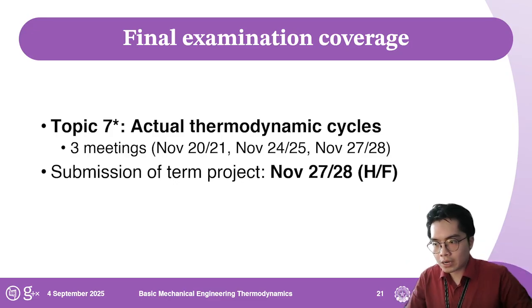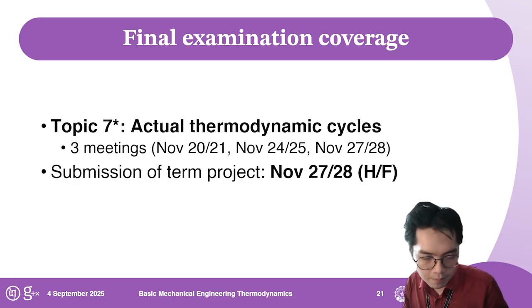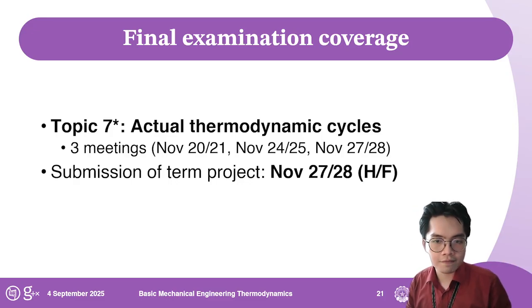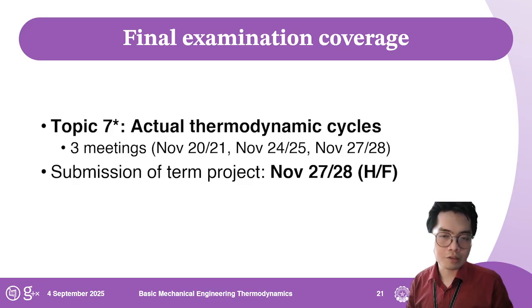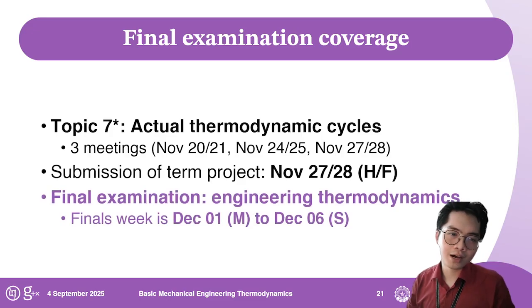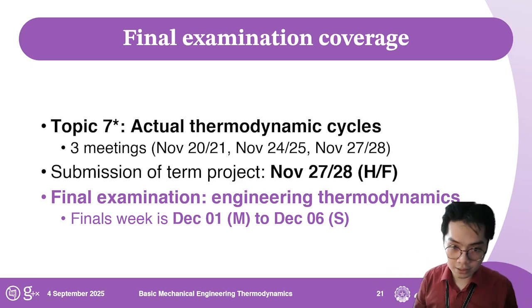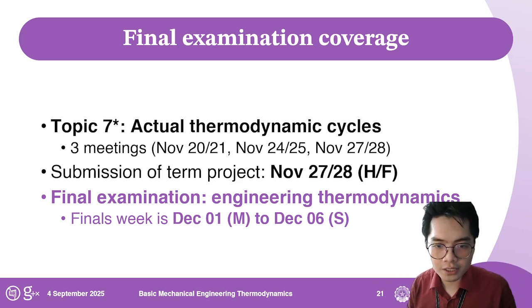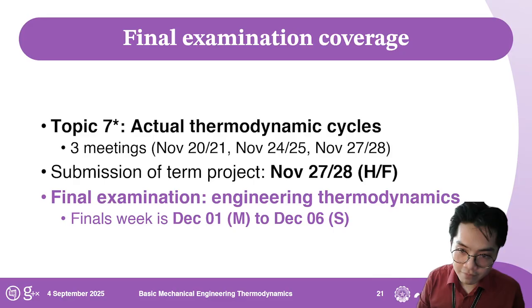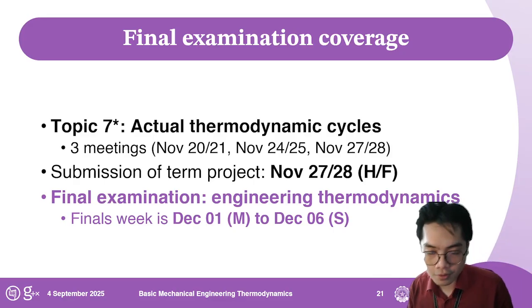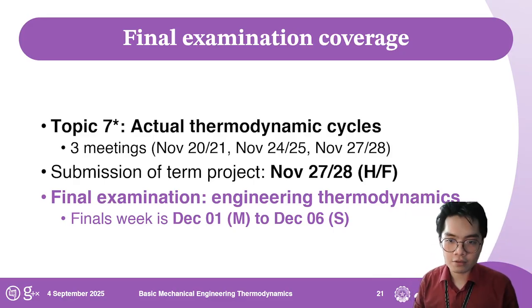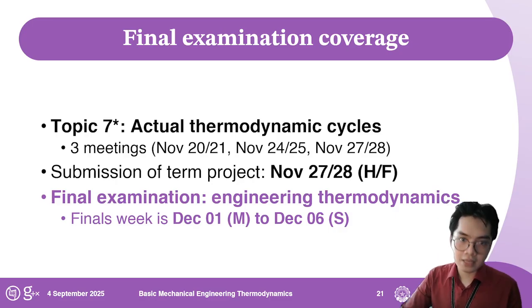I'm also teaching with Sir Nino Lim. He's EF1, right? So I don't think he'll teach this. So, well, the final examination will only cover topics 1 to 6, right? The submission of the term project will be on November 27 for EE1 and EE3, and November 28 for EE2, right? Your final exam week will be from December 1 to December 6.